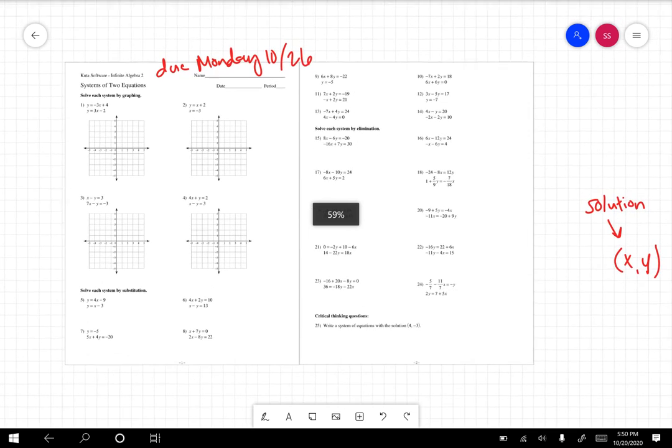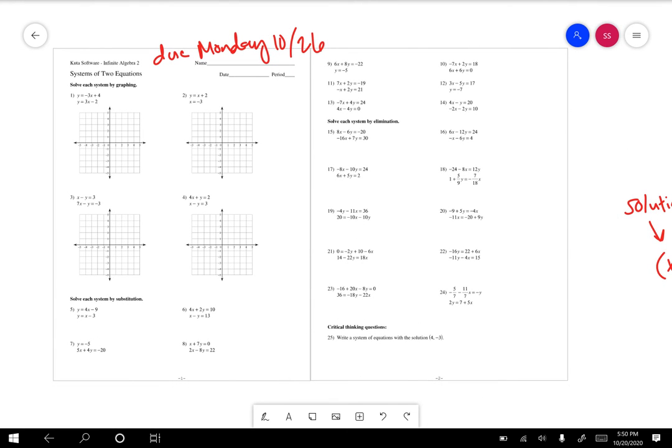Unfortunately, I didn't have time to print it and get it to you for the Monday pickup this week, but you can print it from the attached document. If you don't have the ability to print, that's totally fine. What you can do is just rip out a piece of paper from your notebook, maybe put systems of 2 equations on the top because that's the title of this worksheet.